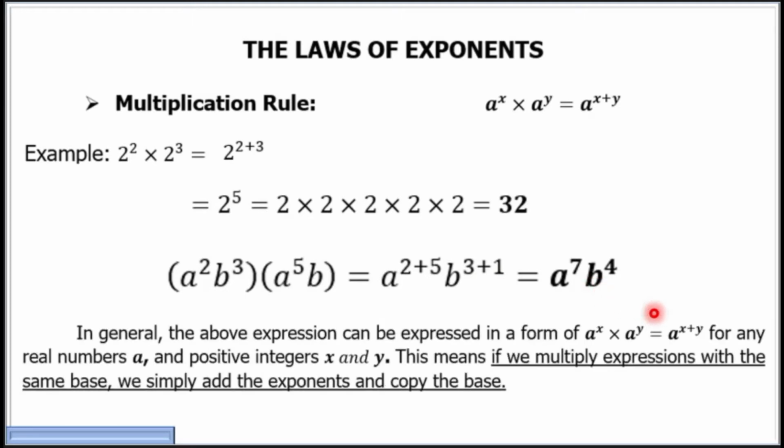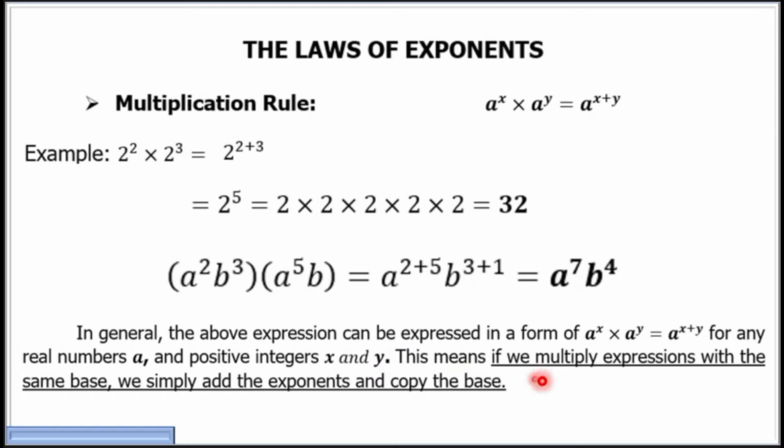Very good. So remember, in general, the above expression can be expressed in the form a raised to the power of x times a raised to the power of y equals a raised to the power of x plus y for any real numbers a and positive integers x and y.